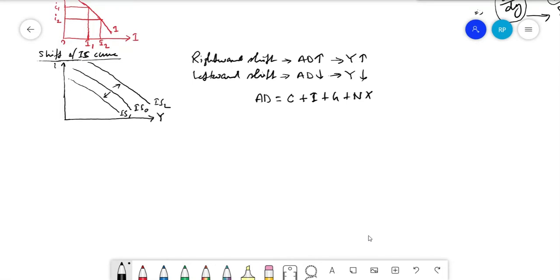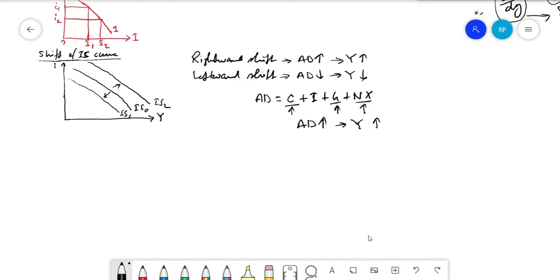So suppose your G is going to increase, or net exports is going to increase, or since I is a function of capital, induced investment, autonomous investment also you can take. If it increases, again it will go up. Or suppose suddenly your consumption has increased due to any reasons. Okay, not due to income, due to other reasons. Suppose your consumption increases, so your aggregate demand is going to increase.